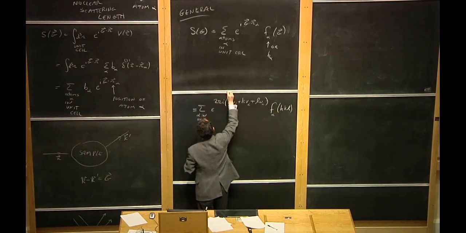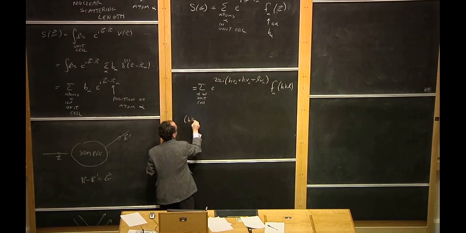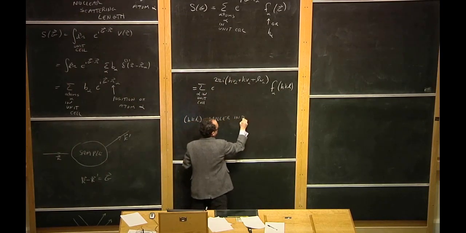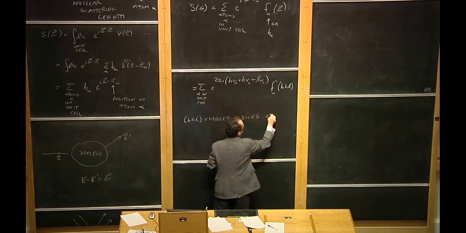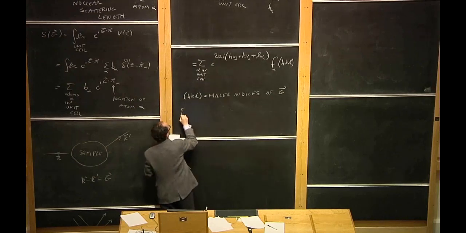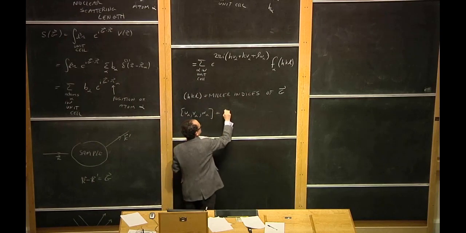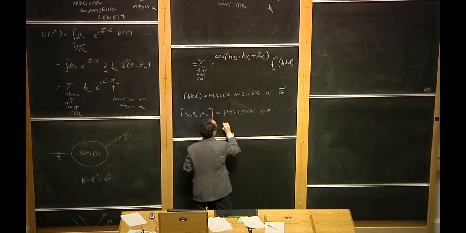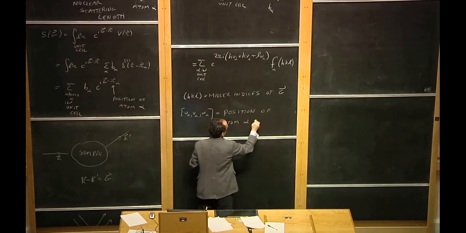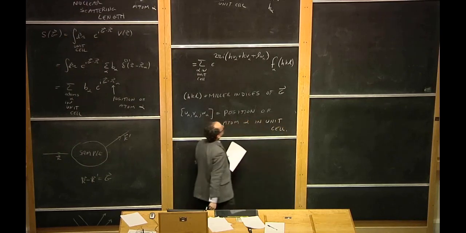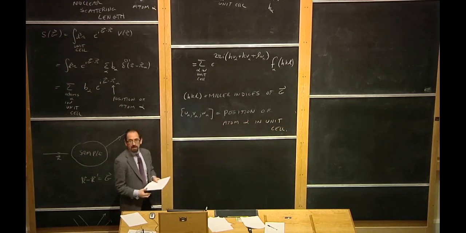So here, h k l are the Miller indices of the g vector, and u alpha, v alpha, w alpha equals the position of atom alpha in the unit cell. Okay, does that make people happy?